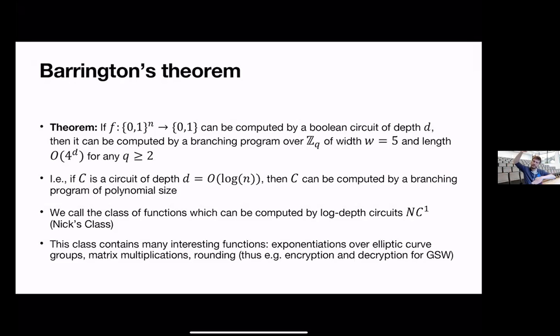If you can compute something with a circuit of low depth, that means you need to go into the width, right? You need to be very parallel. So NC1 captures all the problems which really lend themselves to parallelization. And it turns out a lot of things that we do in crypto can be highly parallelized. A lot of encryption and decryption operations can be parallelized and are therefore in this class NC1.